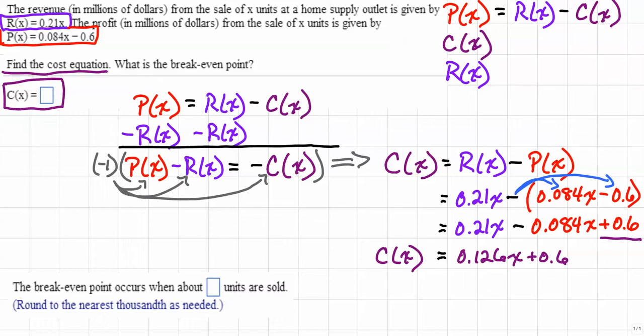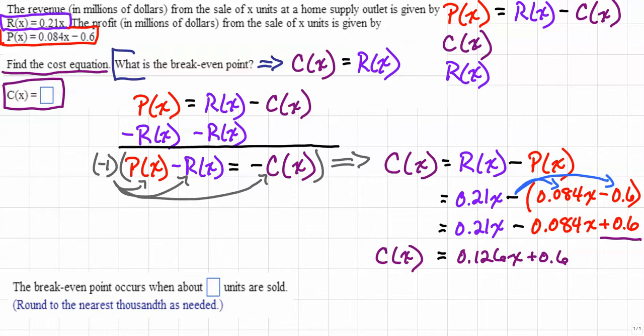The next part asks: the break-even point occurs when about how many units are sold. The break-even point occurs when the cost function and the revenue function are equal, so we need to make sure we understand that. This break-even point will occur when the cost function, C of x, is equal to the revenue function, R of x. In order to solve this, I'll set the two functions equal to each other.